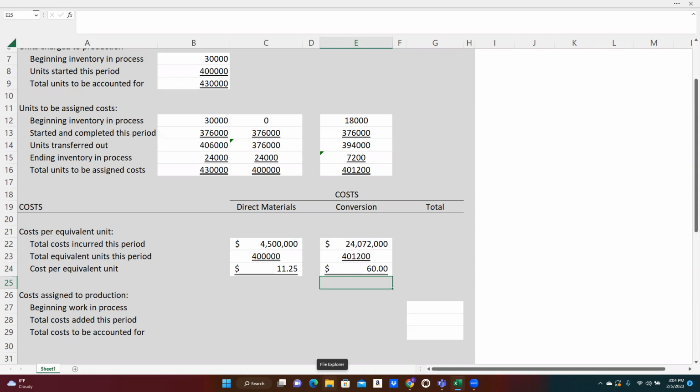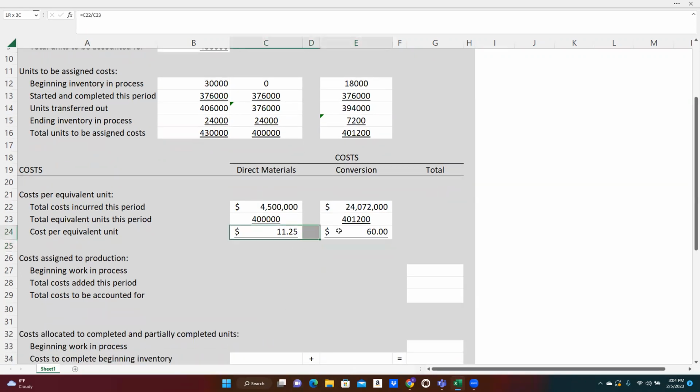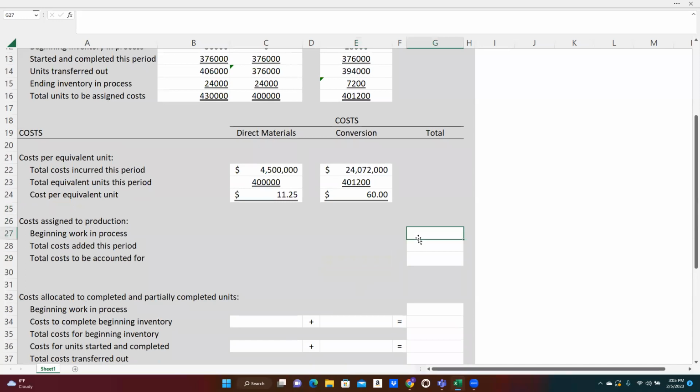Now, those numbers were actually given to us in the exercise. Again, I told you before we started, I'm using this Excel template that I provided to you because I think it gives us a good way of framing the information that we need so that you get used to seeing the same approach each time. So even though these two numbers were provided to us in the exercise, that's just a good way for us to check and confirm, yes, we're doing this right.